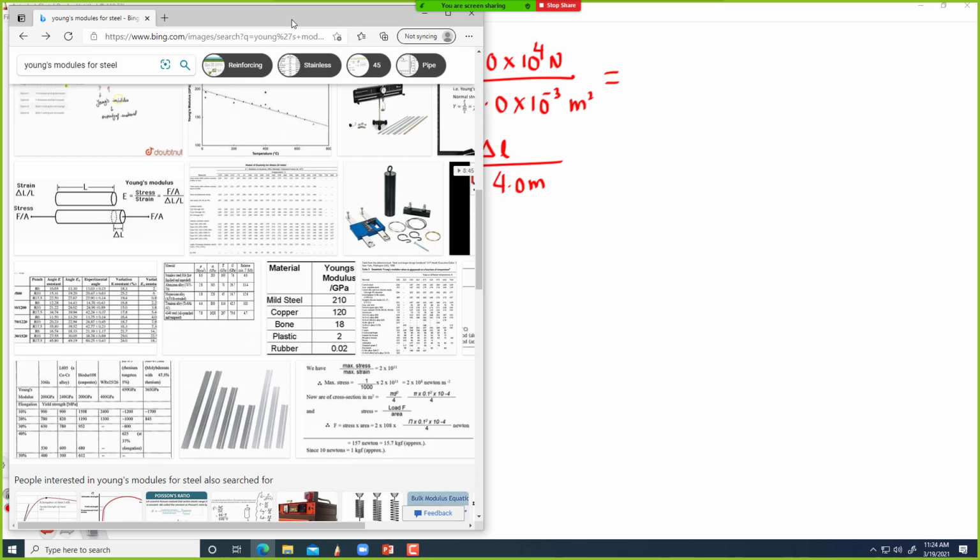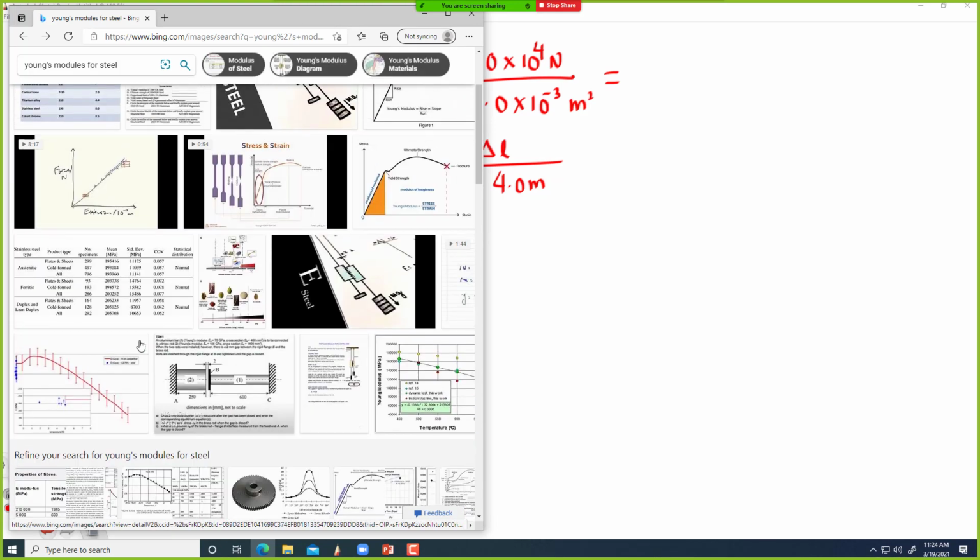In engineering they use different kinds of units for Young's modulus, but here we use Newton per meter squared.